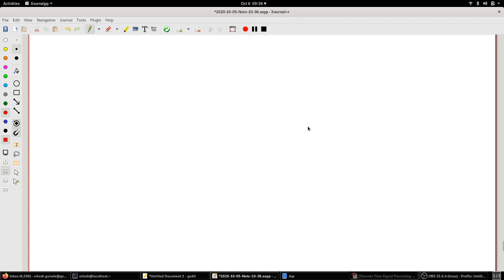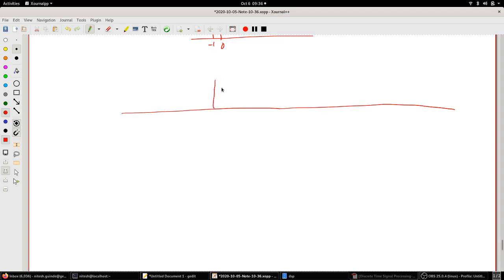Now when you do the same exercise for the periodic signal, you have to keep some things in mind. Think about a sequence which is 4, 3, 2, 1.